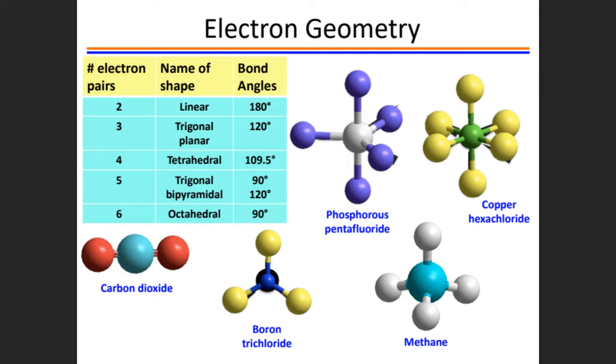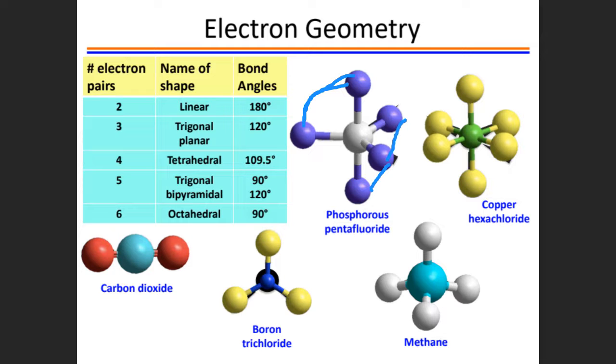For example, here we represent copper hexachloride, the chlorine and copper, and now the electrons have some space. So if you see here to here, here to here, and here to here, if these two atoms are far enough apart, the electrons between these two will not repel each other, so we can avoid those problems.